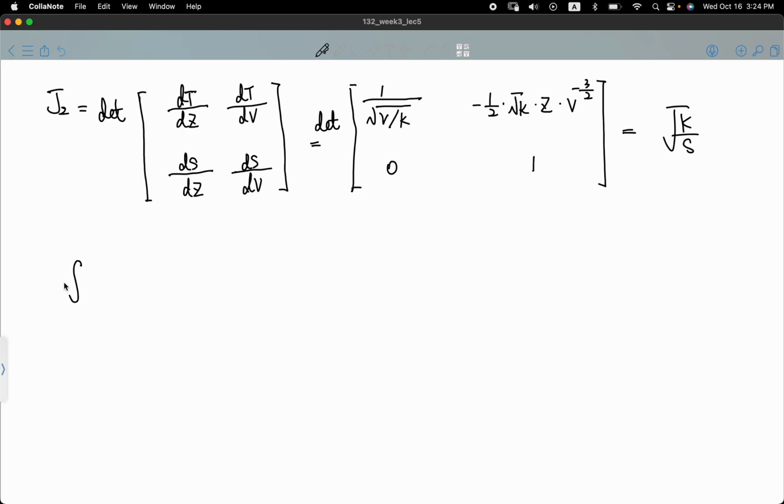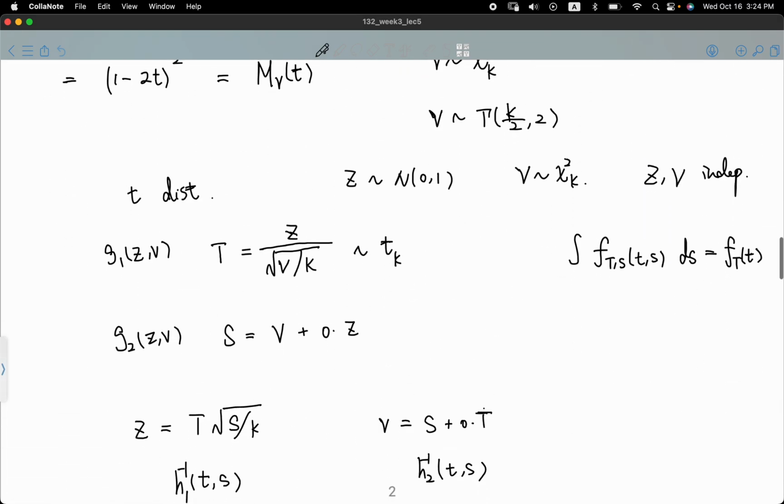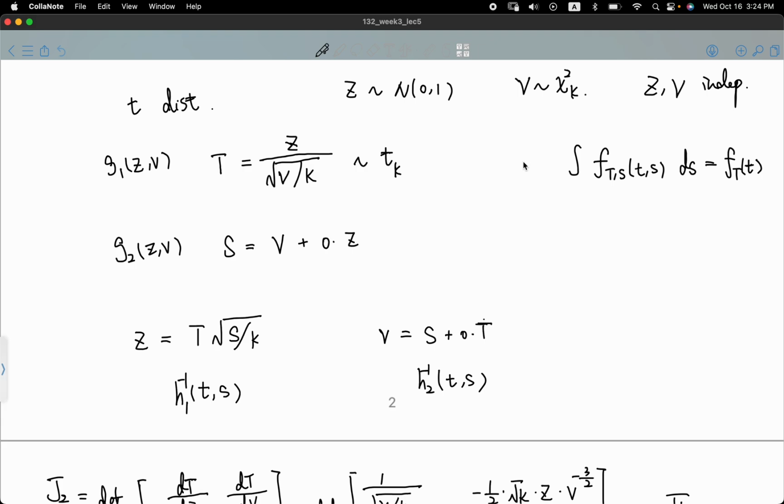Okay, so now starting our t and s function. So we can get that from, I already erased that, so f of z and v is equal to f of z multiplied by f of v, because they are independent.